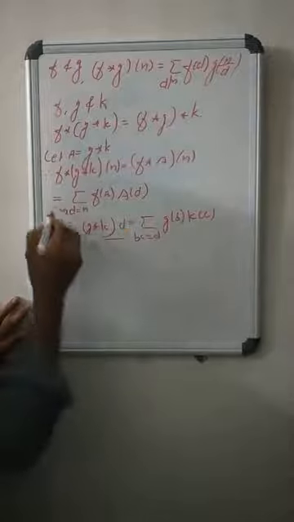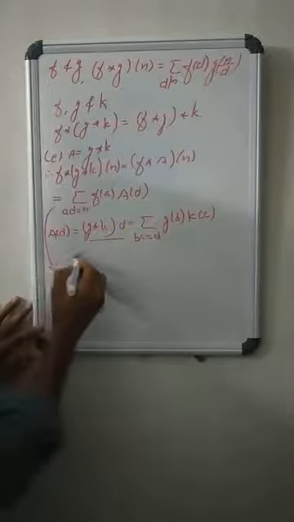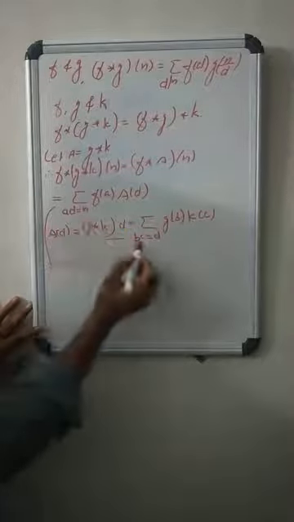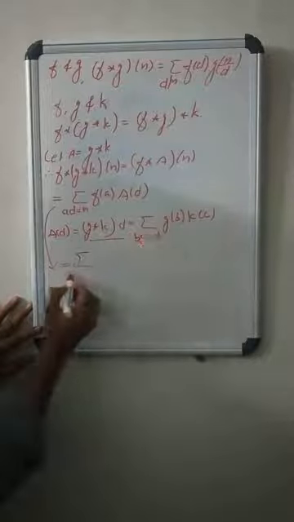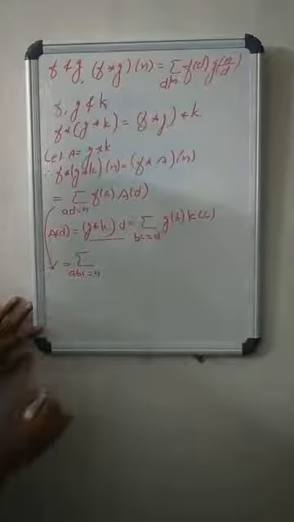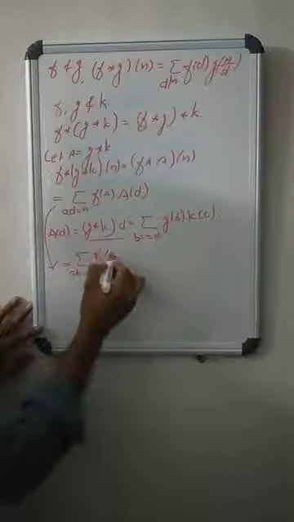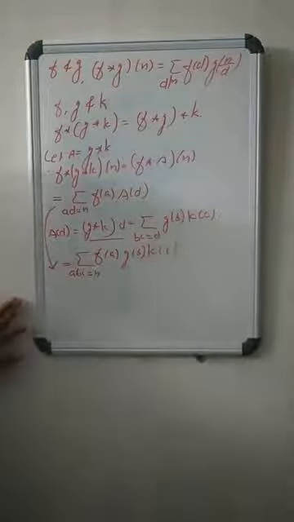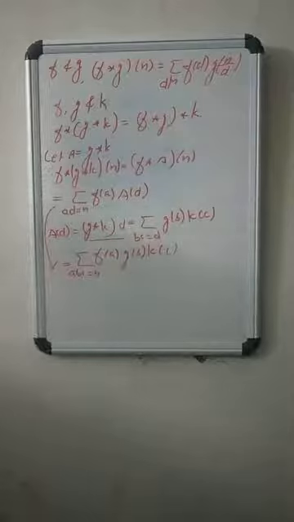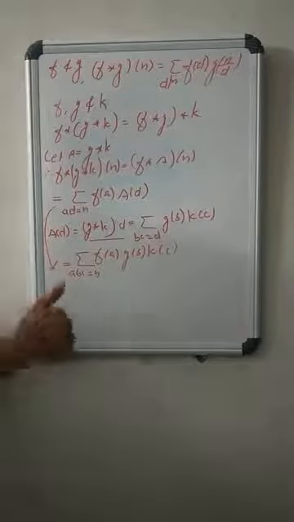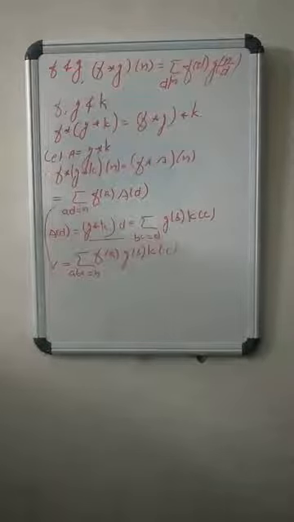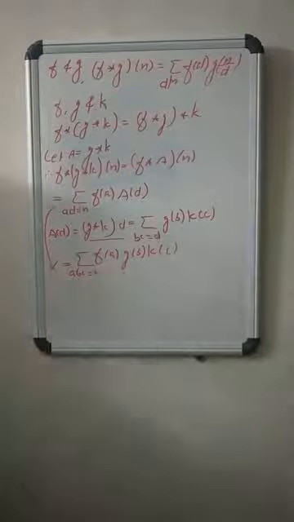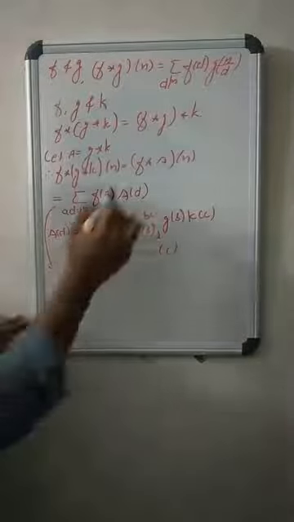So by using this, the expression becomes the sum over ab equals n, but d equals bc, so abc equals n, of f(a) times g(b) times k(c). This is f star g star k, which equals the sum over abc equals n of f(a) times g(b) times k(c). Now come to the right side.